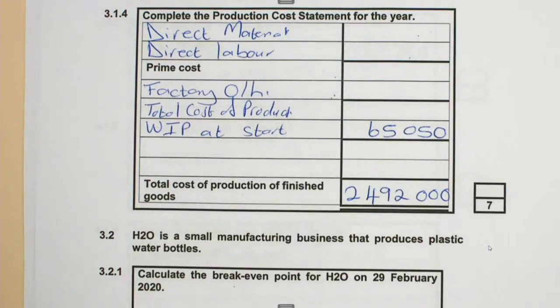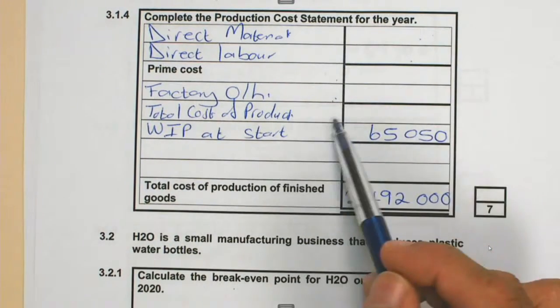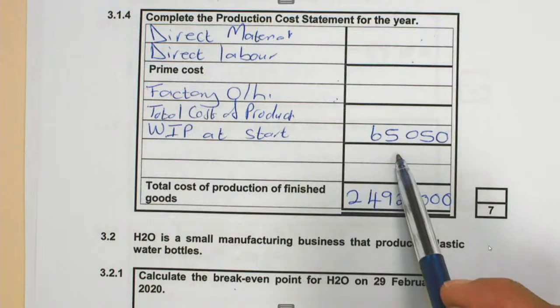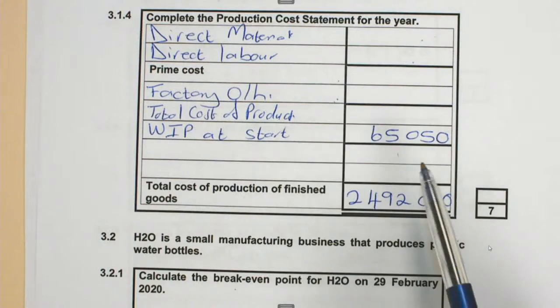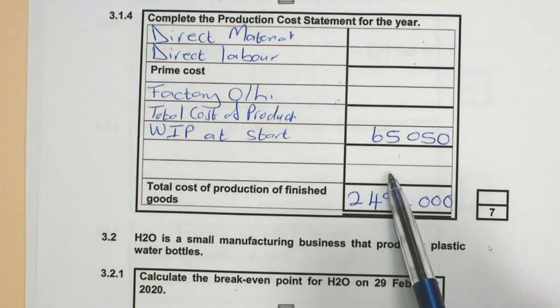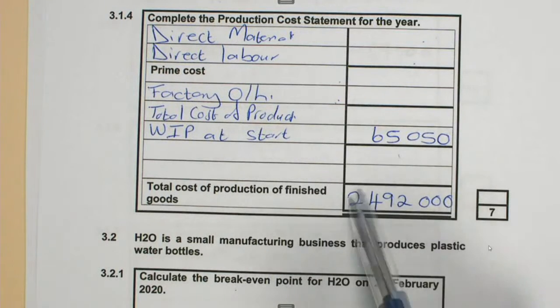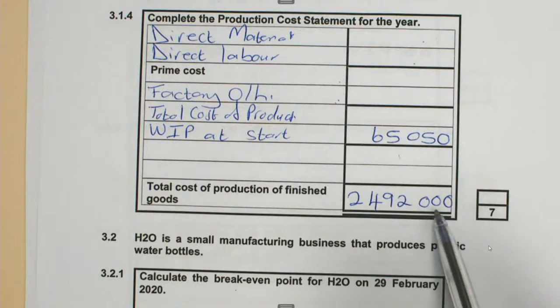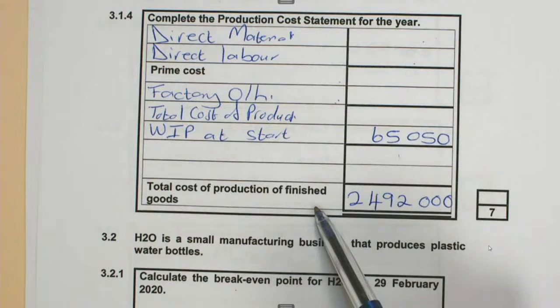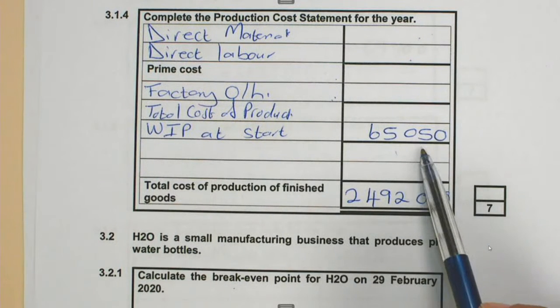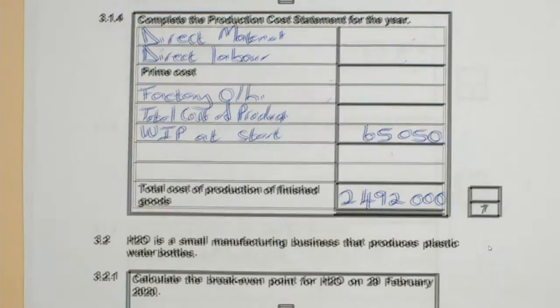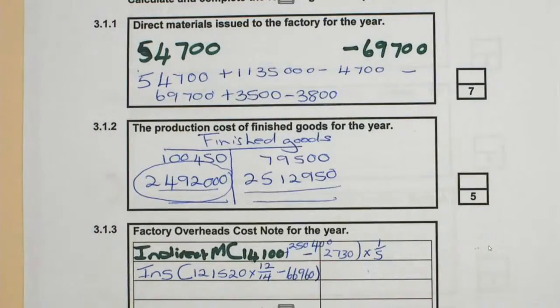I know by now, if they give me the work in progress at the beginning, or work in progress at the end, or they leave out one of these two, like in this question, they left out work in progress at the beginning, then I know somewhere in my question, I will get the total cost of production of finished goods. Either they will give it to me, or I have to calculate it. Now this is the missing figure. Now you can use this information to calculate this, right? So let's leave that for a moment there.